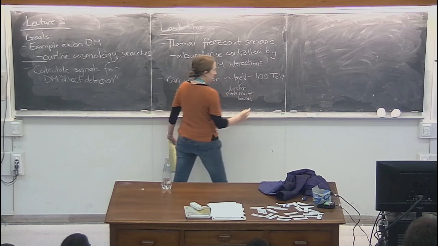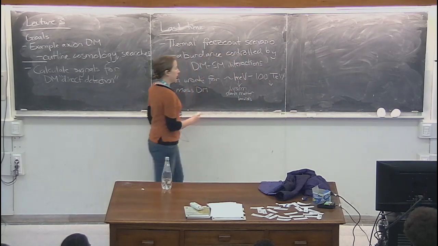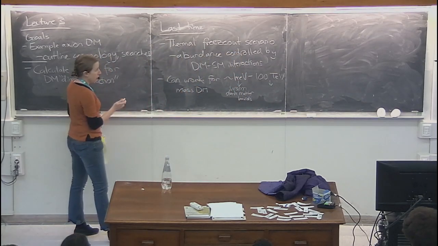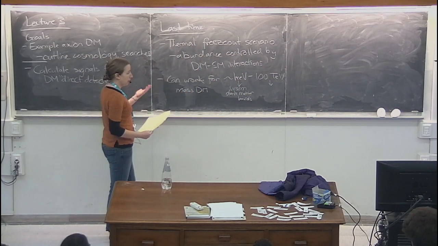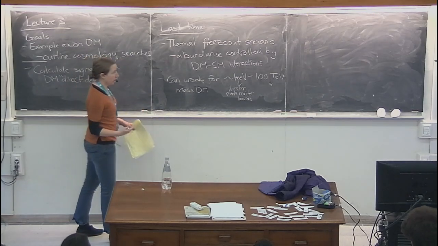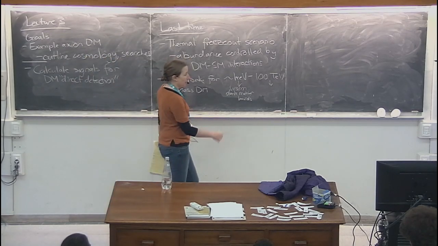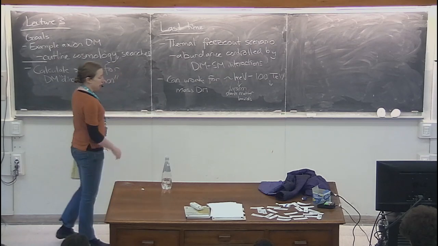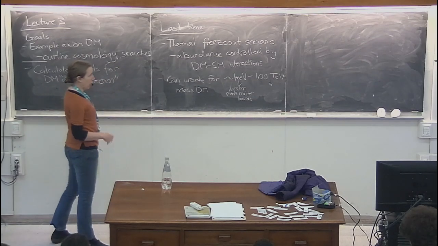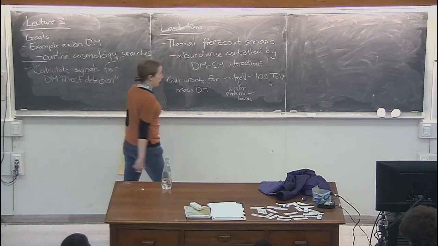This upper limit comes from the fact that if the annihilation rate is what's controlling the abundance, you need the annihilation rate to have a certain value, which we worked out last time corresponded to a cross-section sigma v of 1 over mass squared, where the mass was about 100 TeV.